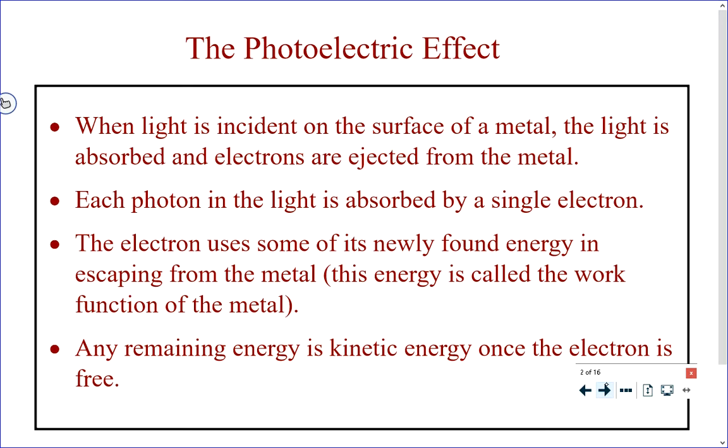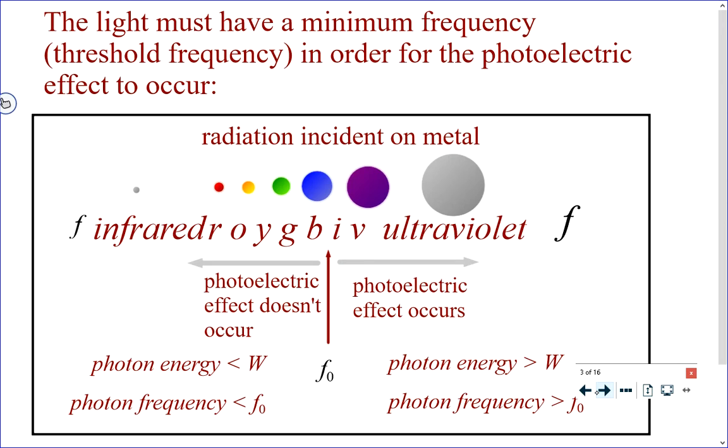then the electron will not get enough energy to overcome the work function. That takes us to a very important idea in the photoelectric effect, which is that in order for the photoelectric effect to happen, the frequency of light that you use must be greater than some minimum value. And that minimum value of the frequency is referred to as the threshold frequency. On the left of this diagram, you can see at the bottom that if the photoelectric effect does not occur, it's because the photon frequency is less than the threshold frequency.